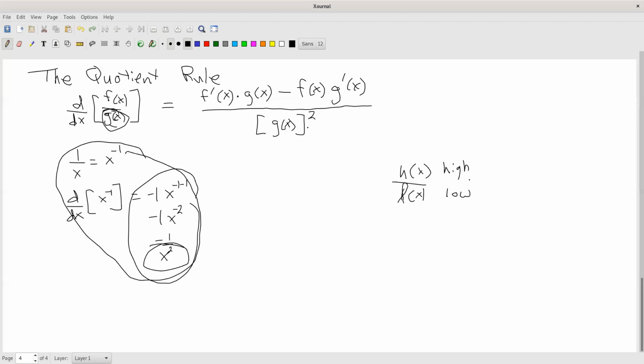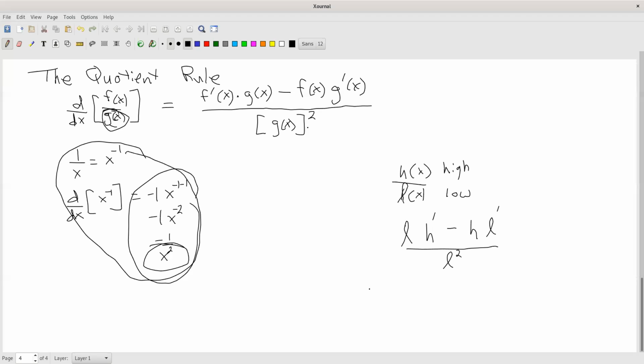And so his version of this was that you get low d high, right, derivative of the high function, minus high d low, all divided by low squared.